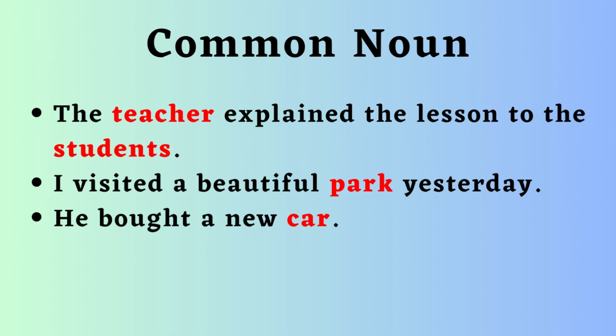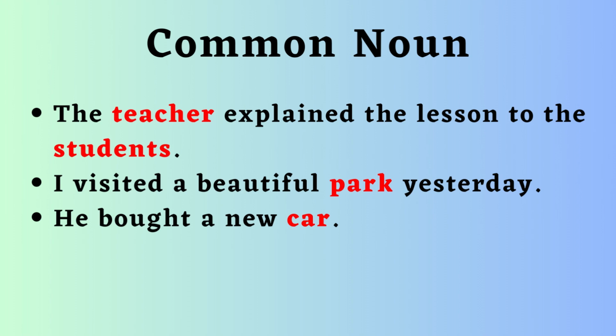And about places, like city, parks, restaurants. Example, I visited a beautiful park yesterday. Here the common noun is park. And about things, like table, book, car. Example, he bought a new car.